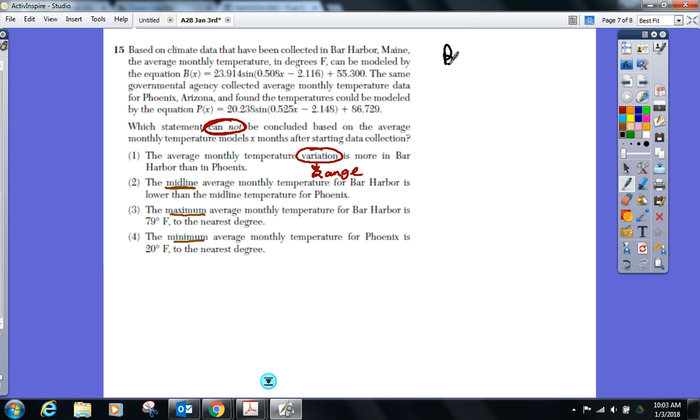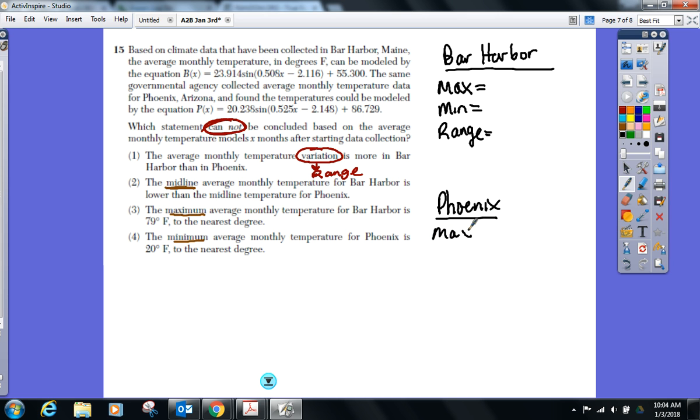Let's get going because I want to finish this. So let's go Bar Harbor. Max, min, range, and we'll do the same for Phoenix. This has nothing to do with graphing it or anything.